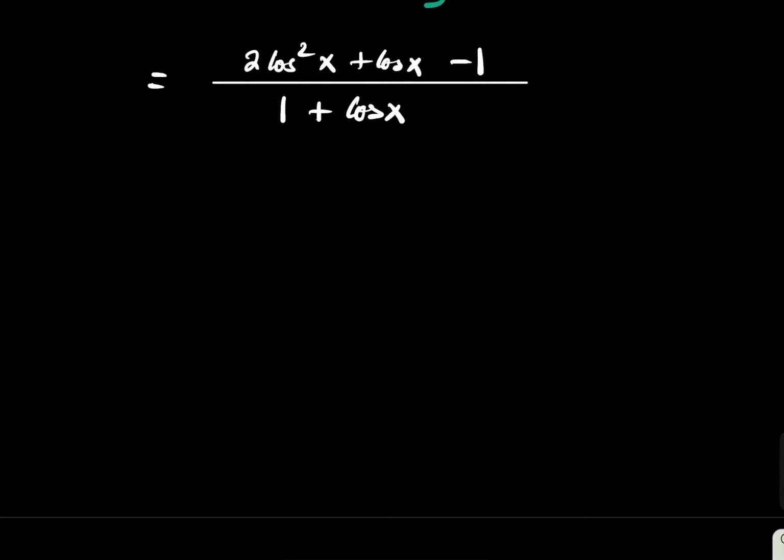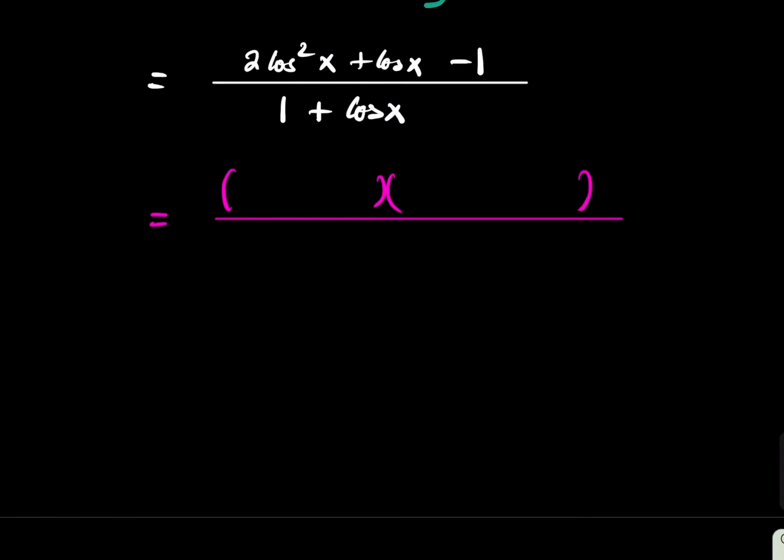Now we are going to factorize our numerator. Let's see what we are going to get if we try to factorize that. It's a beautiful quadratic equation. I'm not expecting a grade 12 learner to battle with that.